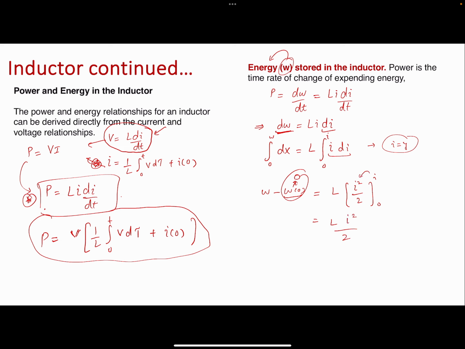I square divided by 2 equals W, so you get W equals half L i square. So here's the amount of energy that is stored in an inductor. This is how you can easily derive it.